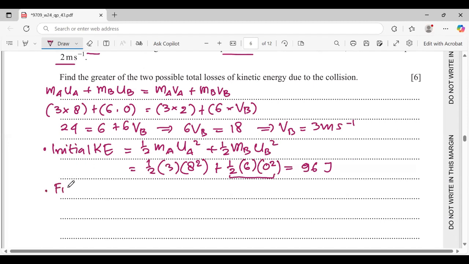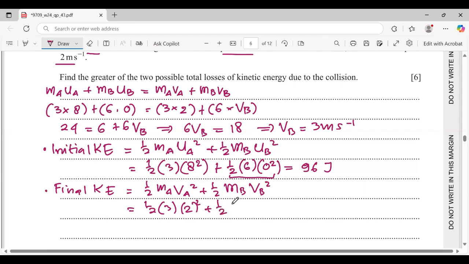Next, the final kinetic energy. This is 1/2 ma VA, where this is the velocity after collision, plus 1/2 mb VB, after collision. 1/2 times 3 times 2 squared, plus 1/2 times 6 times VB, which is 3 based on this information, squared.